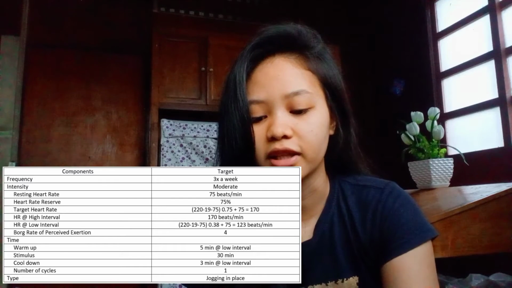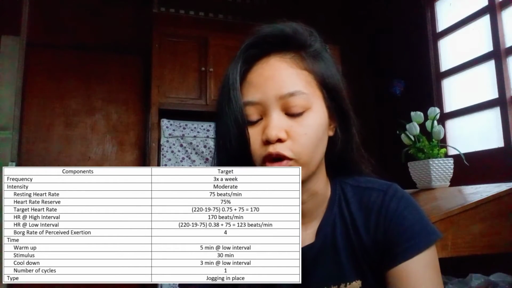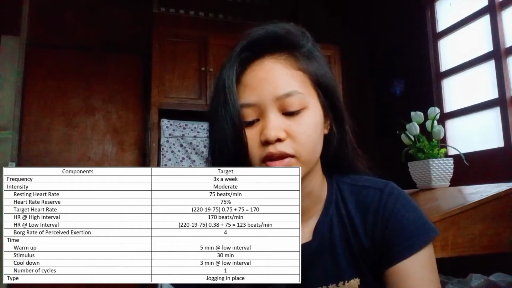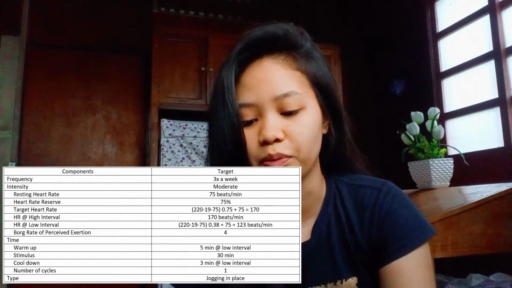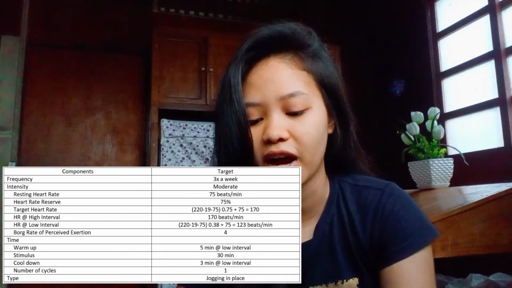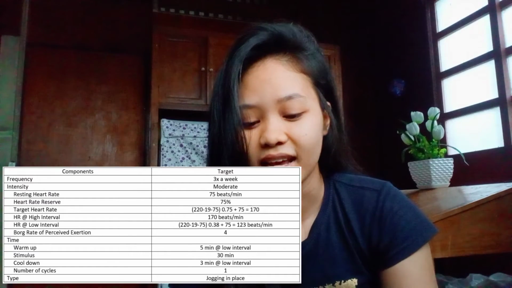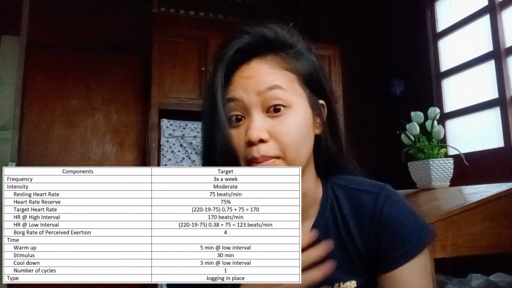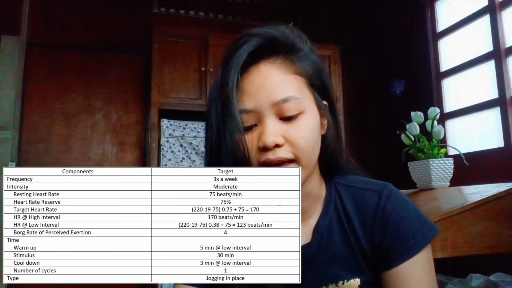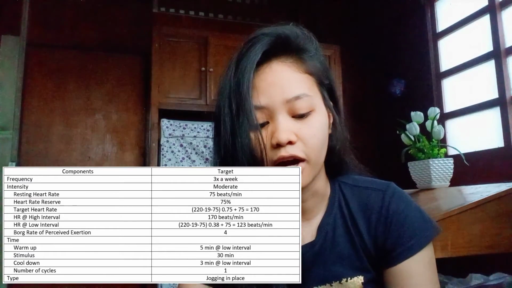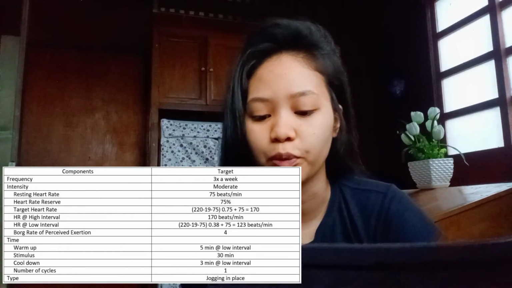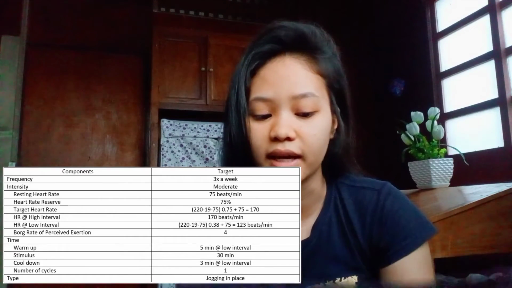Here in the target heart rate, there is a certain formula, which is 220 minus 19 minus 75 times 0.75 plus 75. So 220 is a constant number, 19 is my age, 75 is my resting heart rate, then multiplied by my heart rate reserve, which is in decimal form, so it's 0.75, plus again my resting heart rate.